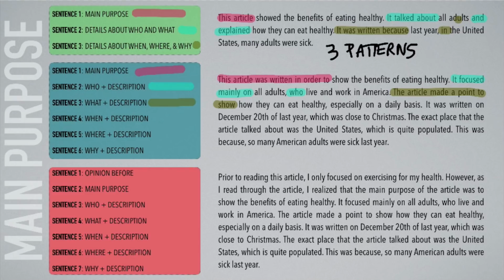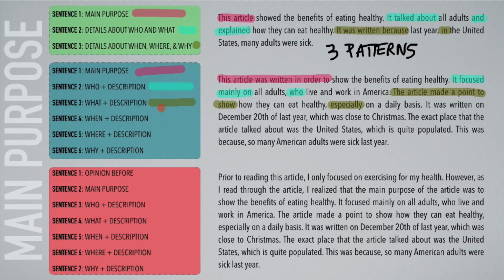So, for example, I can say, "He made a point to show me his new shirt," meaning he put an effort into doing something. So, the key here is "made a point to." And the second part is "especially." So once again, "the article made a point to show ... especially." Remember, because it's a description.